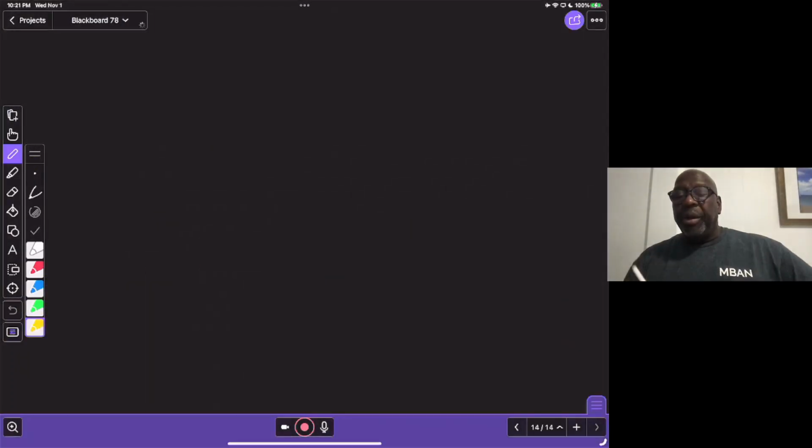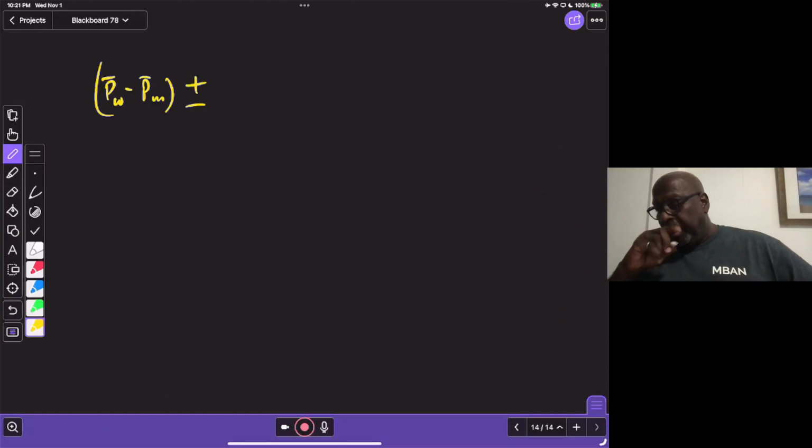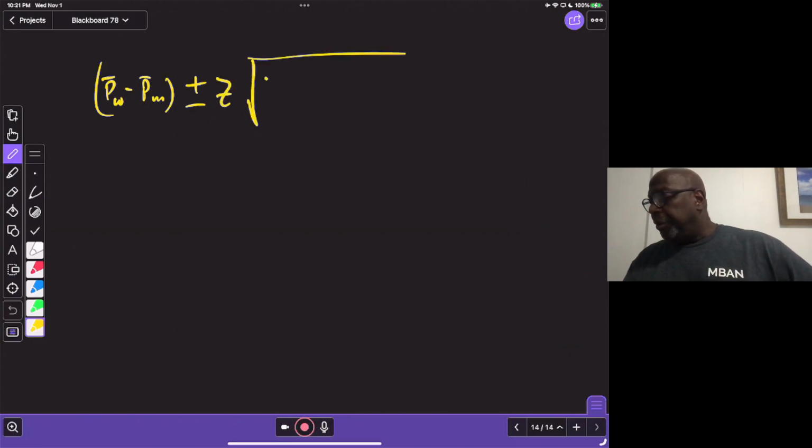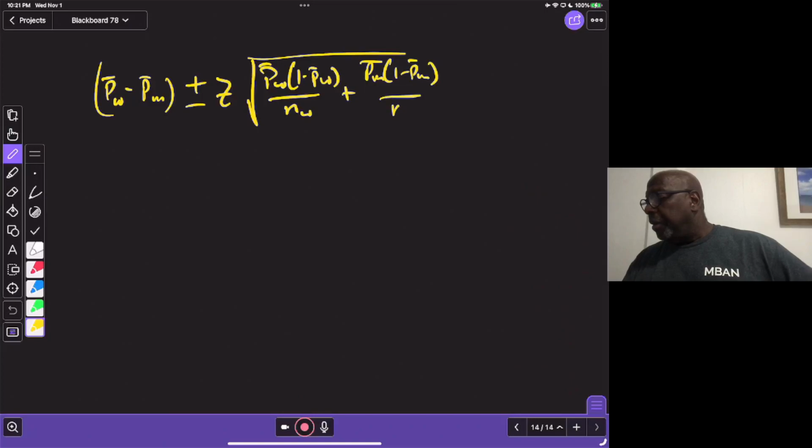One more thing. If we wanted to find a confidence interval for the difference between the proportions, we would simply go P bar women minus P bar men, plus or minus the critical value Z, times the square root of P bar women times 1 minus P bar women over the number of women, plus P bar men times 1 minus P bar men over the number of men.